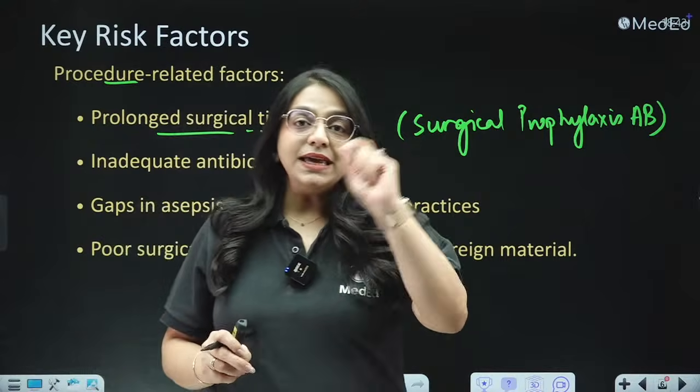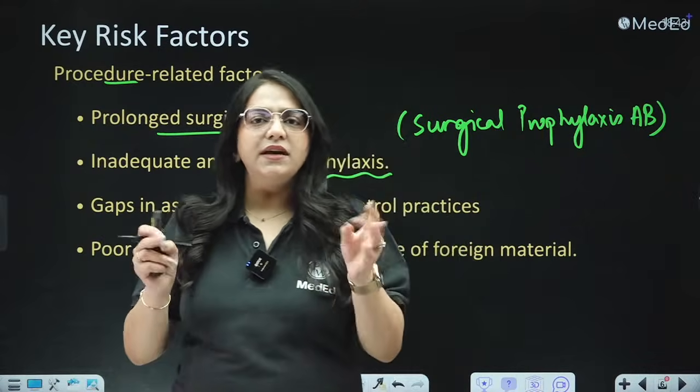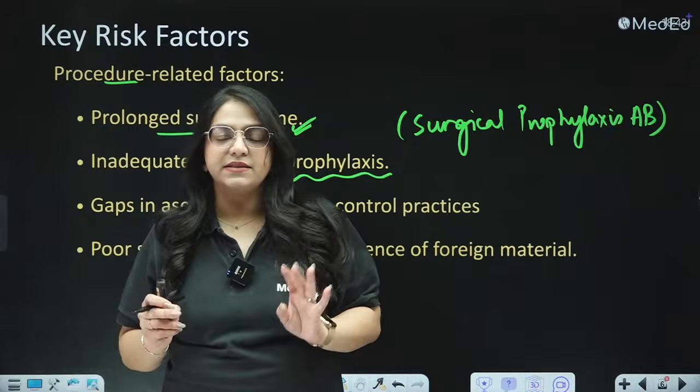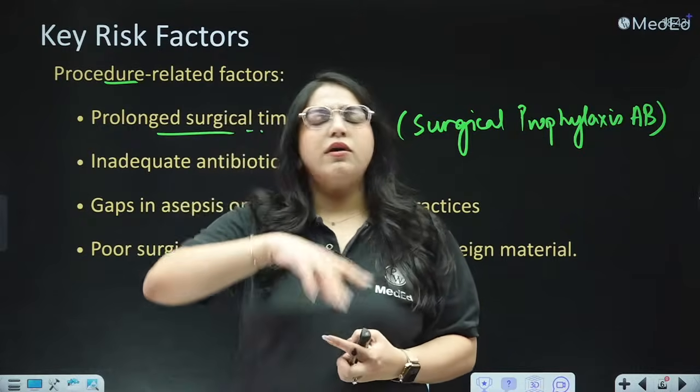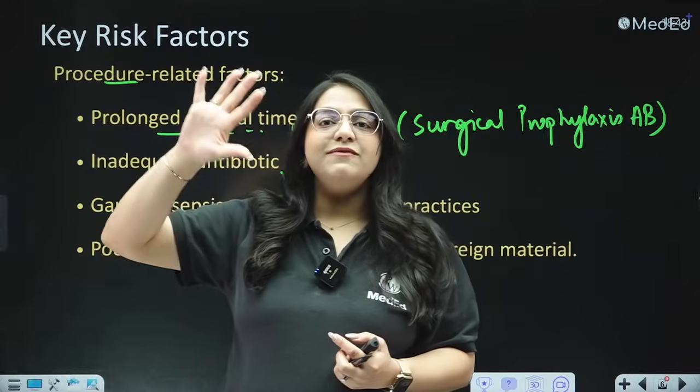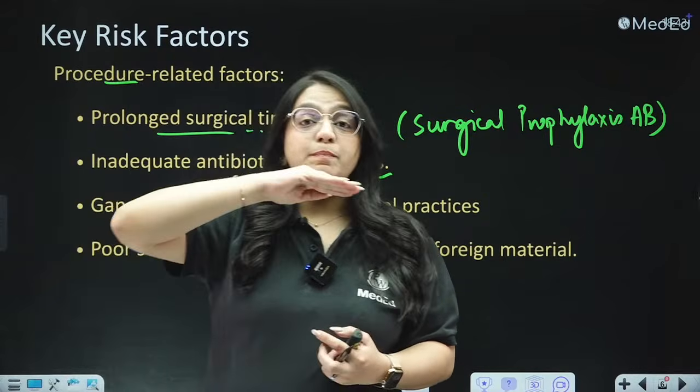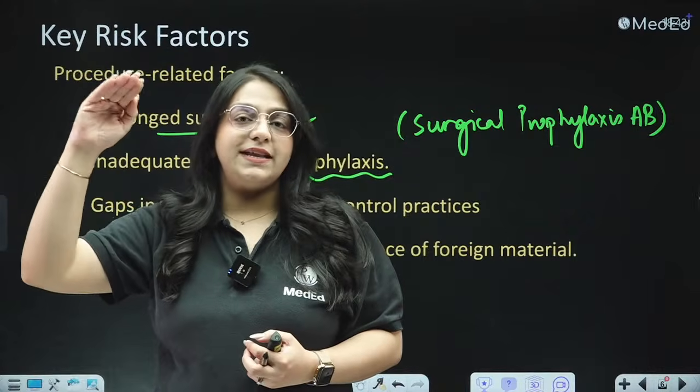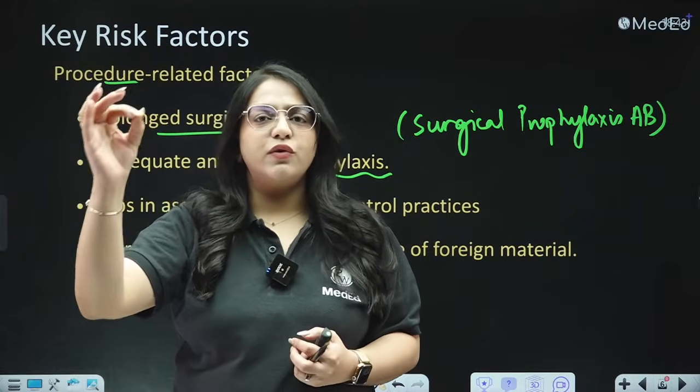You know that the T half of that drug is, say, 5 to 6 hours, right? So you know that the peak concentration of that antibiotic is going to come in 30 to 40 minutes.